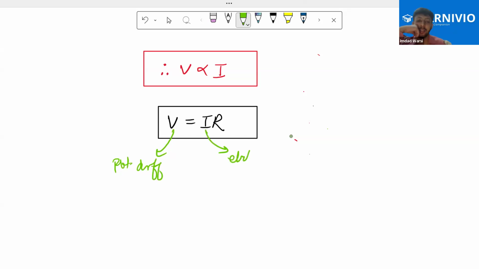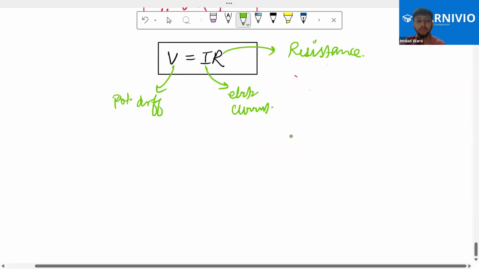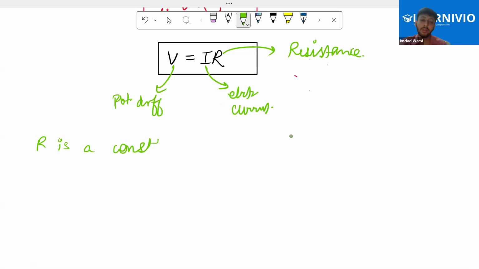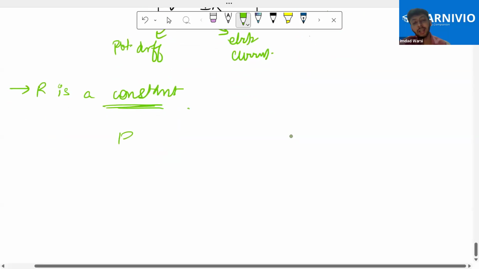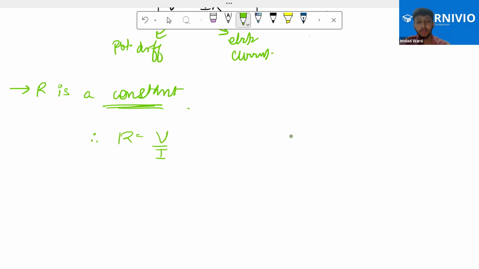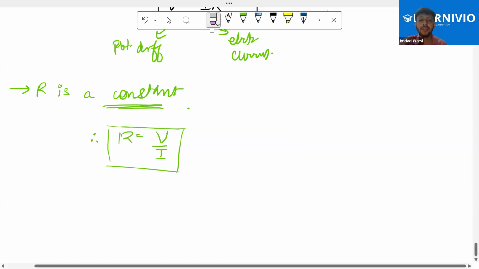I is the electric current, and R is called resistance. R is a constant. You know that this resistance is a constant. So from V is equal to IR, we can say that R is equal to V by I, right? Now you can find resistance also.